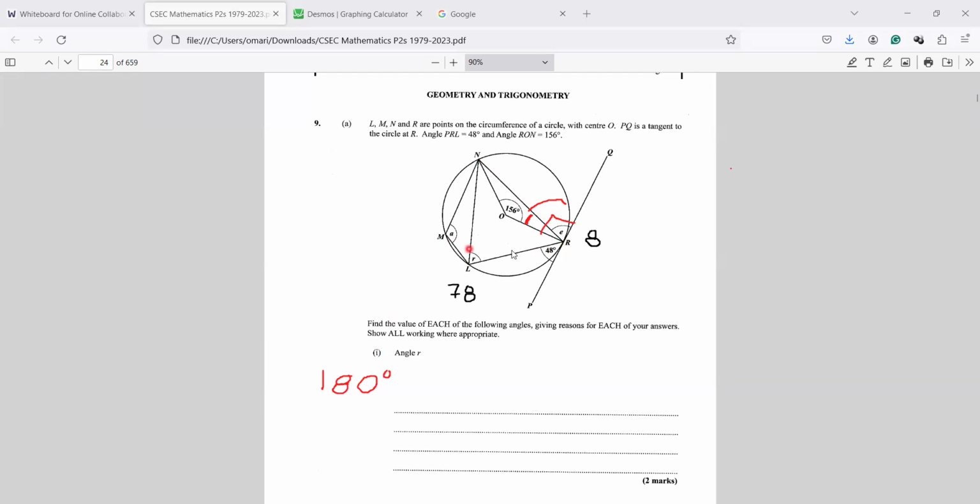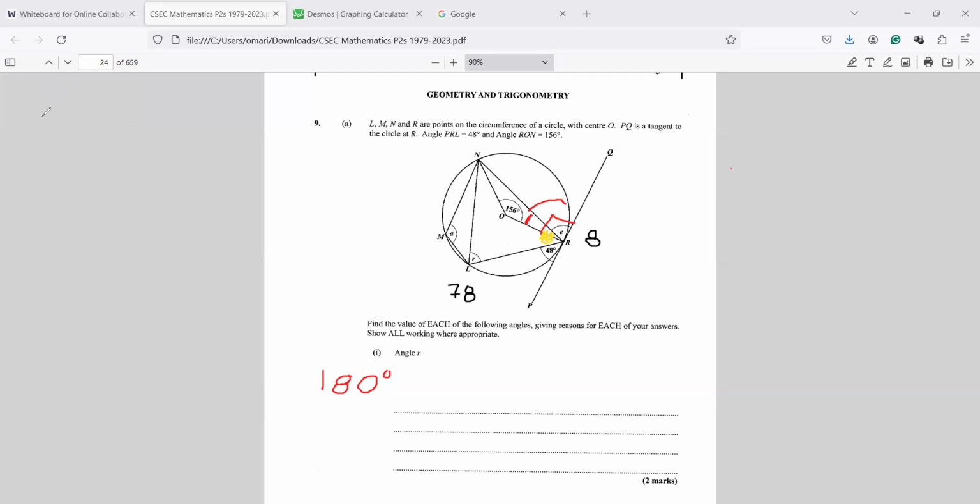And so if we know what this angle right here is, I'm going to shade it in yellow, then we can figure out what A is, right?